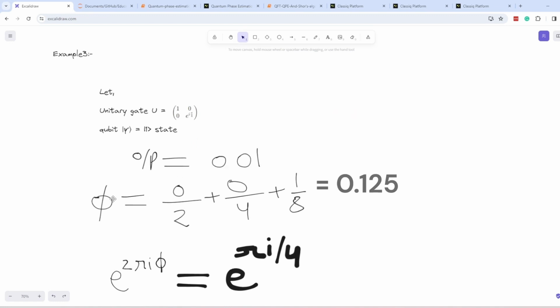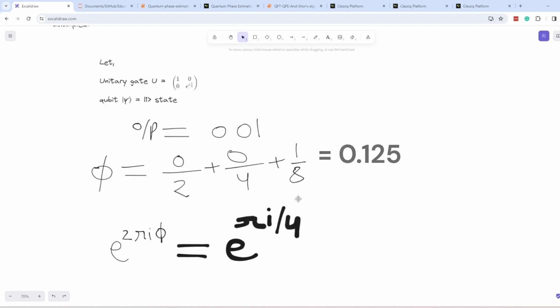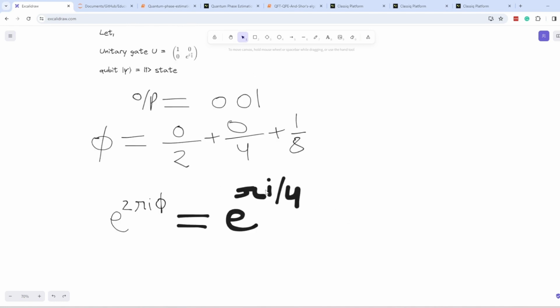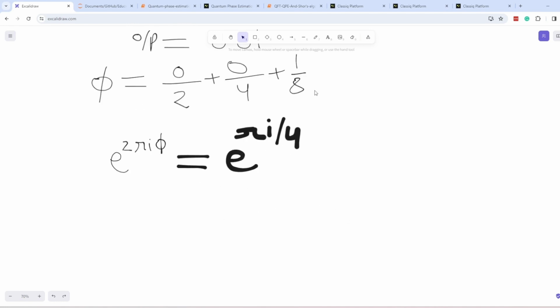We can calculate phi like phi equals 0 upon 2 plus 0 upon 4 plus 1 upon 8. And this time phi is 1 upon 8. Putting this into the equation for the value of lambda, we get e power pi i by 4. So lambda is e power pi i by 4.